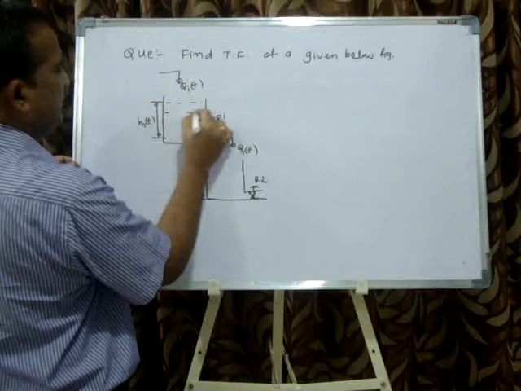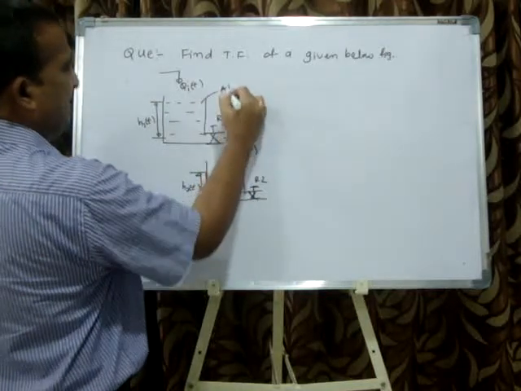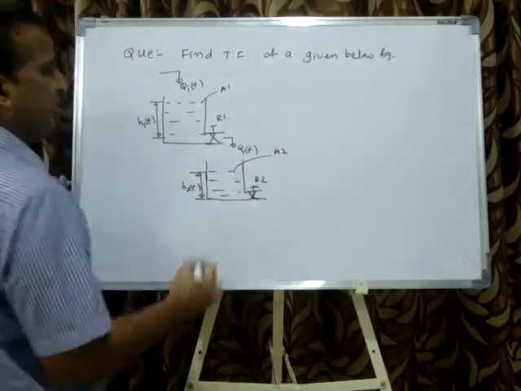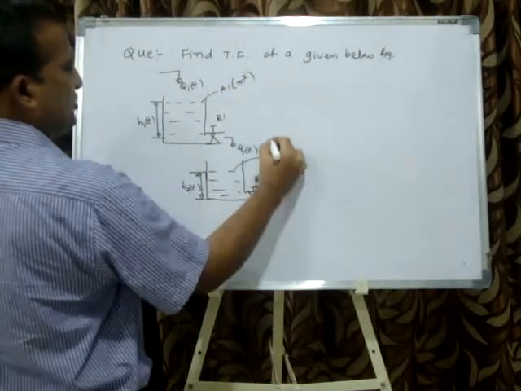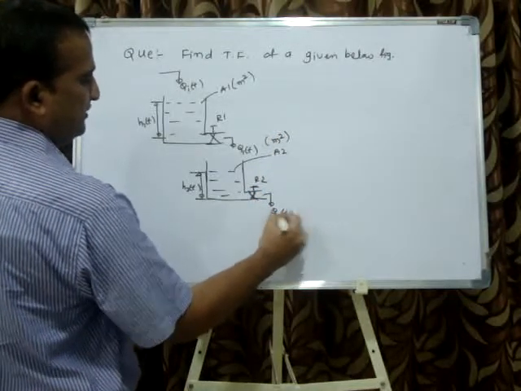The area of cross section of a tank may be varied. This is A1, this is A2. A1 and A2 are the areas of cross section of the tanks. The final output is Q naught of t.